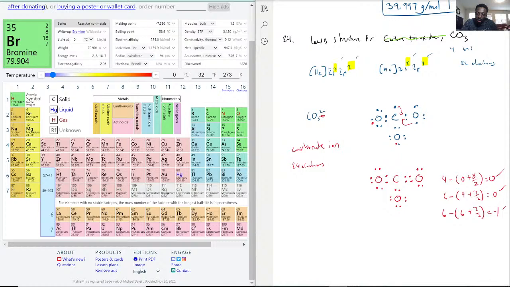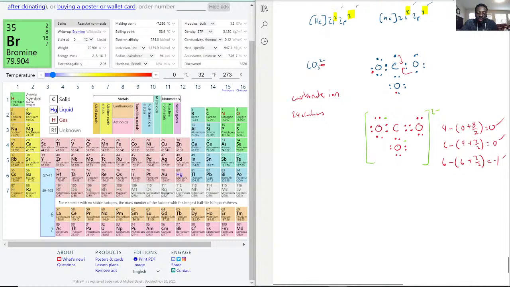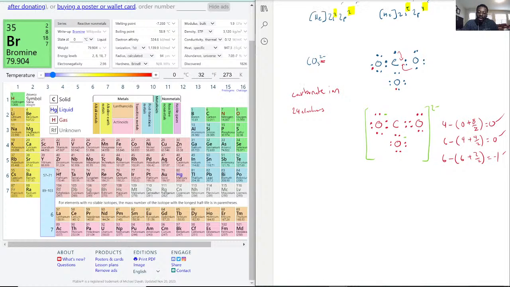And this is going to be our lowest structure for a carbonate ion, because carbon trioxide, I just don't see how you can draw that without forming a very strange bond or adding more electrons like we did to get the carbonate ion.